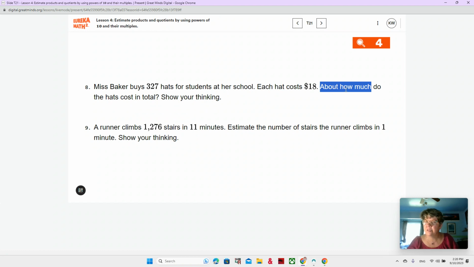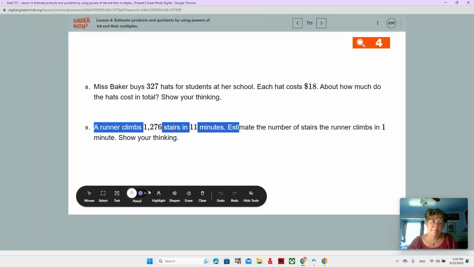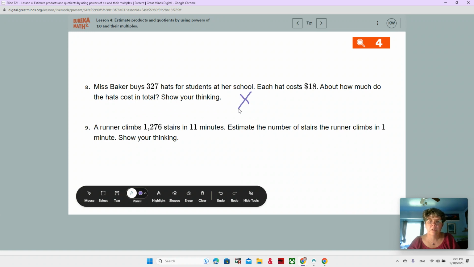Don't get tricked and do the actual math when they're only asking you for an estimate. Okay, and for this one, we are multiplying, right? Because she bought this many hats and each hat costs this much. Okay, so you're going to estimate, and that's going to be question 1 in your Edpuzzle.